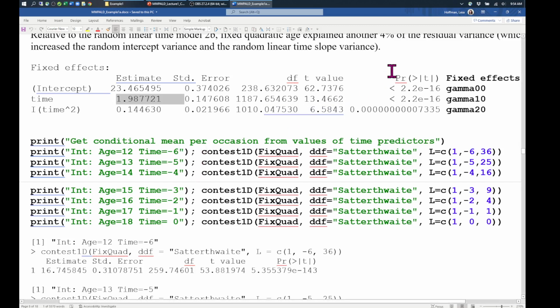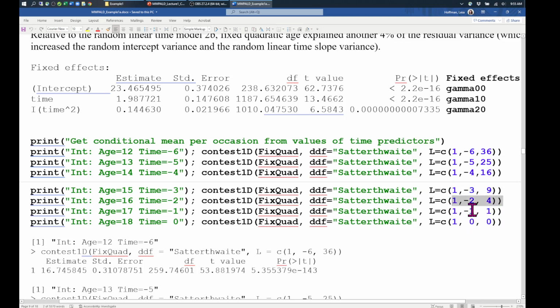So I can figure out what the model then would predict at any age. Here's our friends, the linear combinations. So let's start with the last one. This is how I would generate a predicted value at age 18, because that's when time is 0 and time squared is 0. Age 17 would be -1 for time, squared is 1.